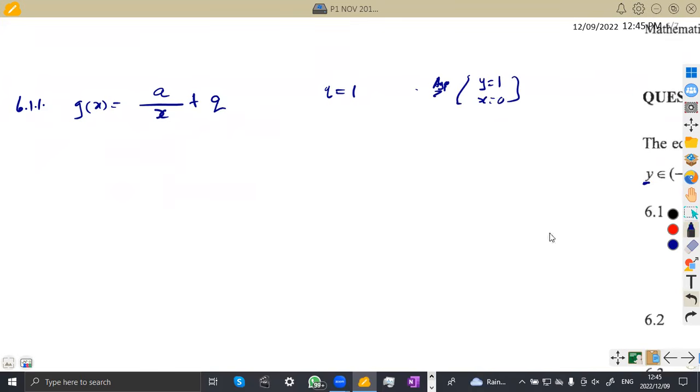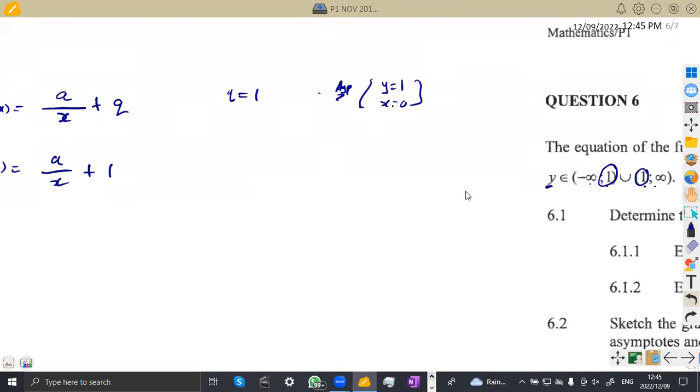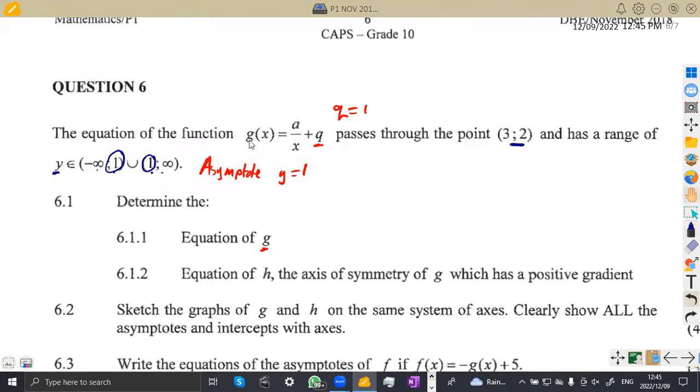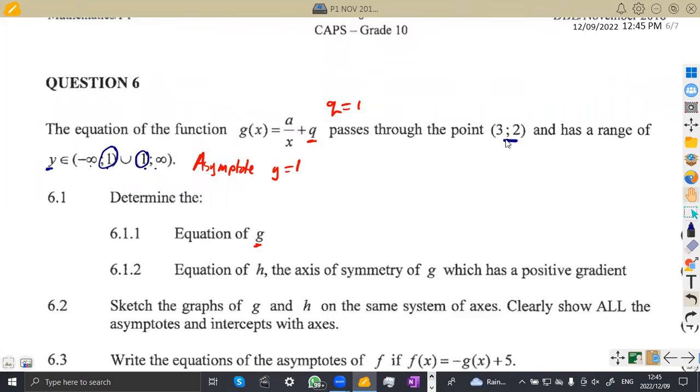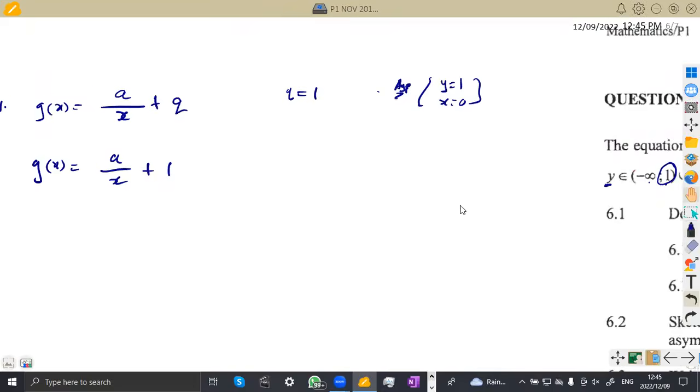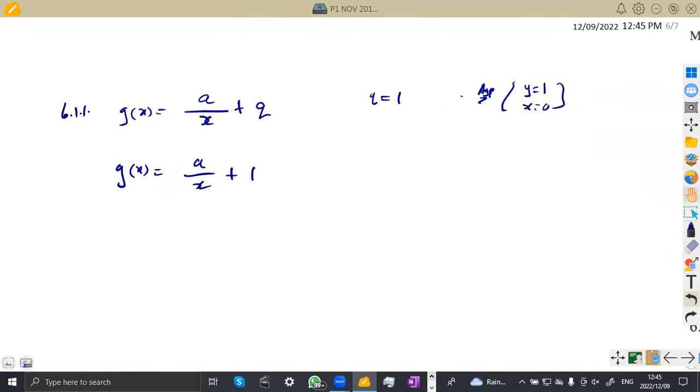Since q is equal to 1, that means we can rewrite g(x) as a over x plus 1. And there's a point that we are given on g. Here we are given that it passes through the point (3, 2). So the point (3, 2) can help us find the value of a, because we are left with a. The point represents the value of x and the value of y. g(x) is the same as y, so in place of y we substitute 2 is equal to a over x, and our x is 3, plus 1.